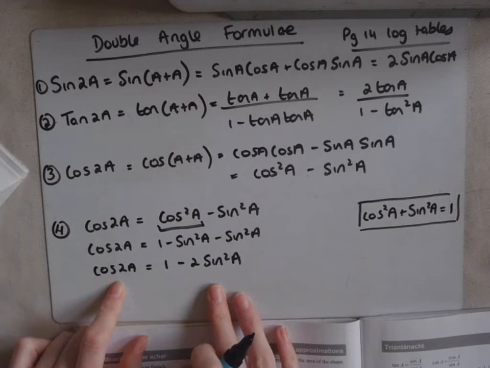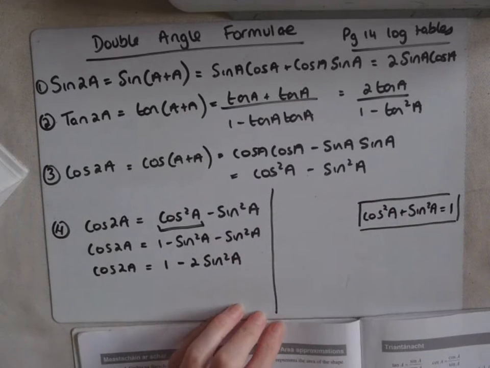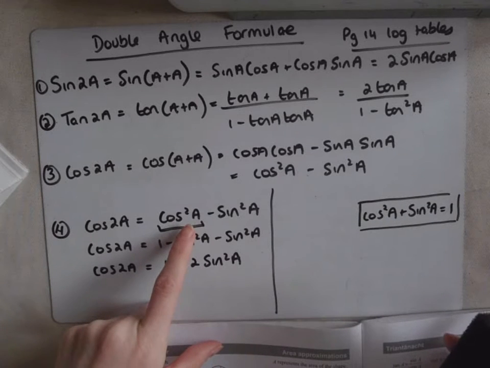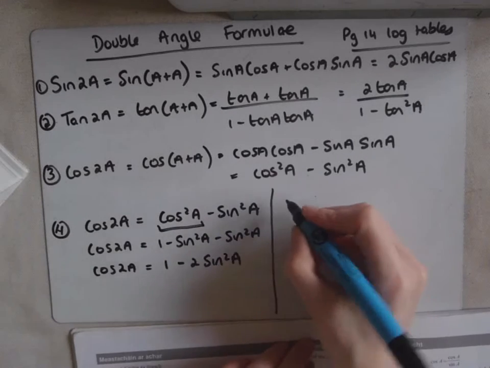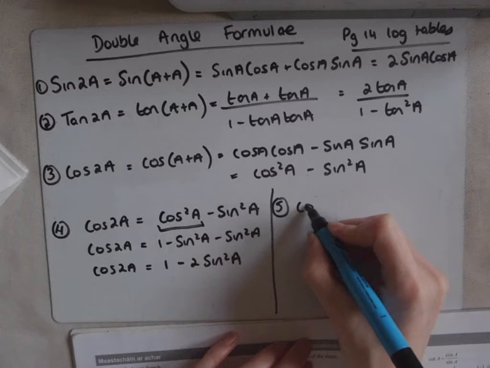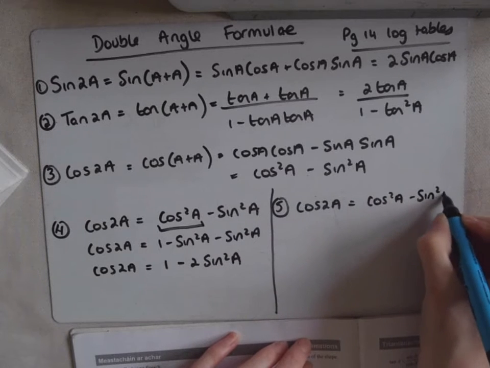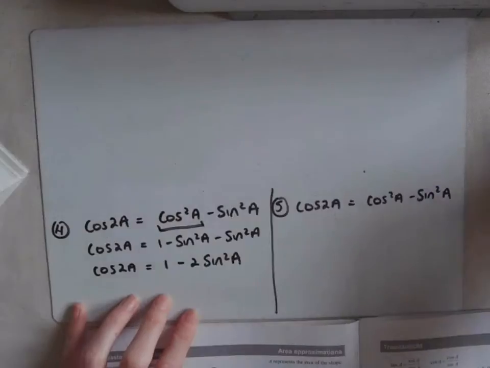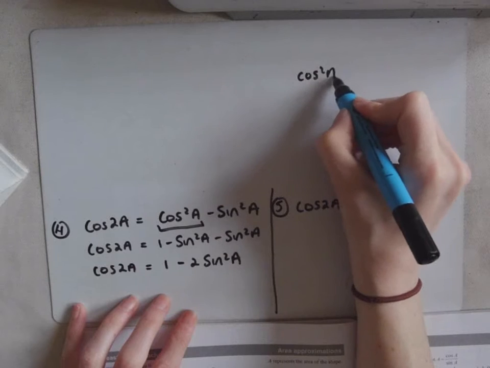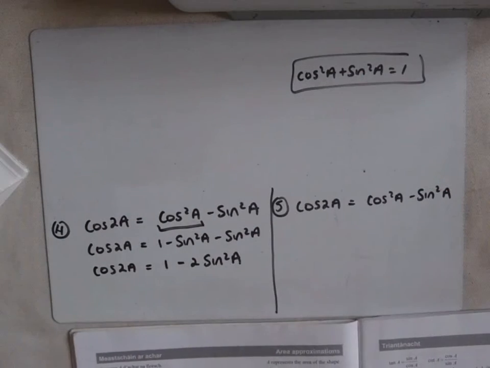And similar to that, if they only have cos and cos squareds in the question, you can replace the sine squared A. So number 5, start again with the same. Just go back, cos squared A plus sine squared A is 1. Just remember that.